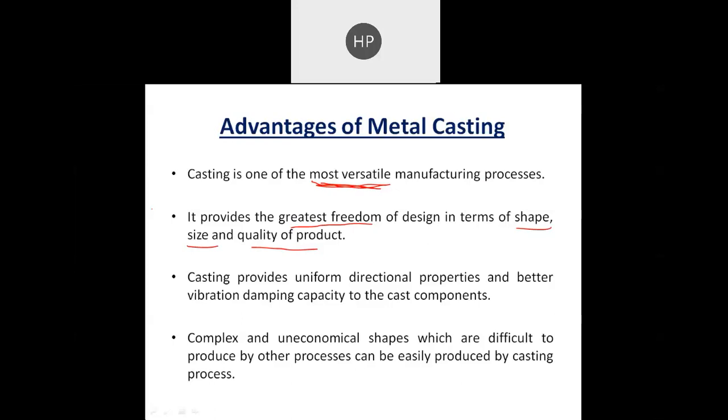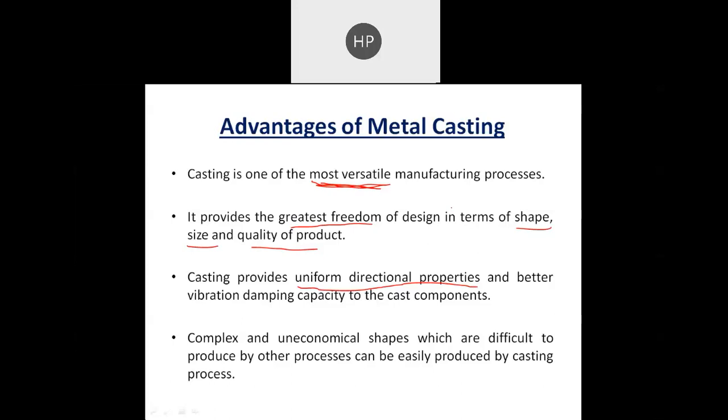Then the next advantage is that casting provides a uniform directional property and better vibration damping capacity to the cast component. It provides a uniform directional property. As we pour the molten metal into the hollow cavity, it will be cooled.